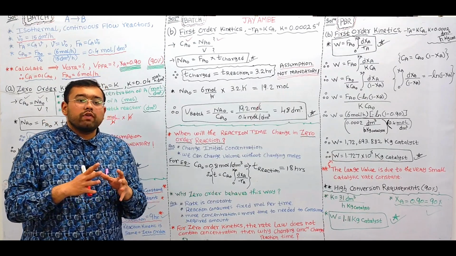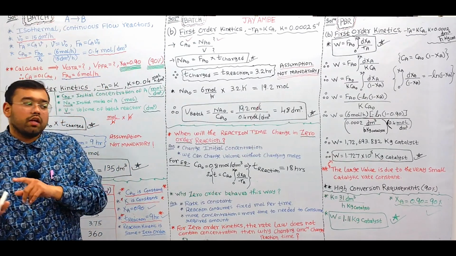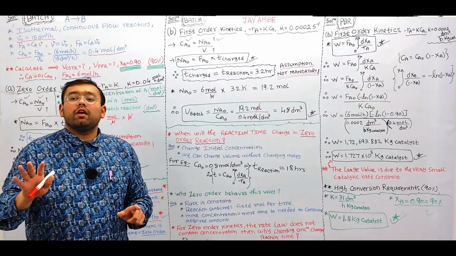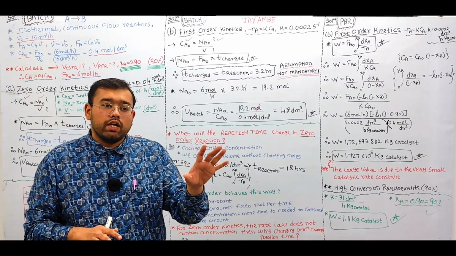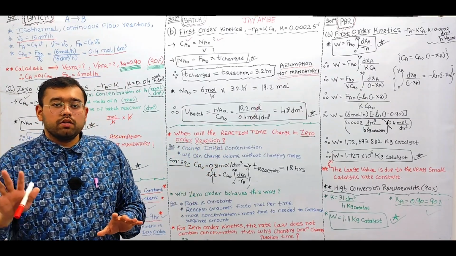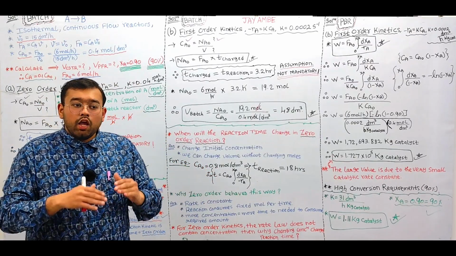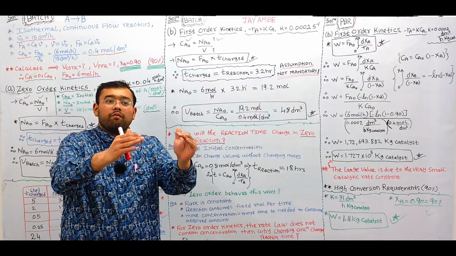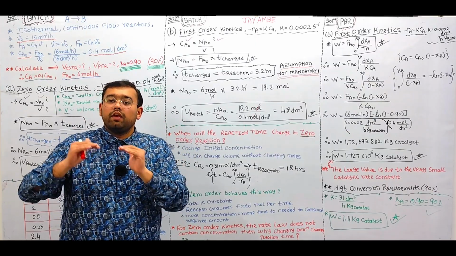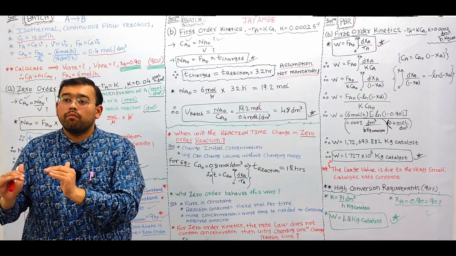To transfer 100 boxes, it will require 10 hours. For the 50 box transfer, the conveyor belt required 5 hours. For the 100 box transfer, it required 10 hours, which means by doubling the initial concentration from 50 boxes to 100 boxes, the reaction time also doubles.